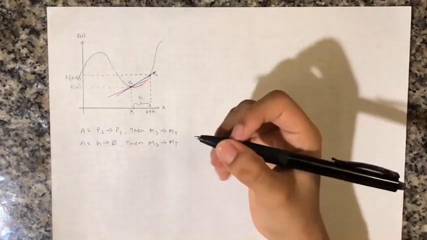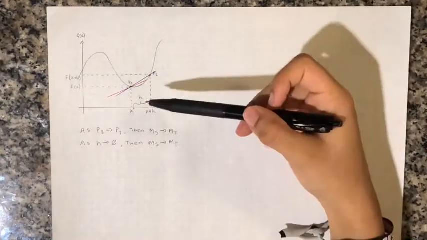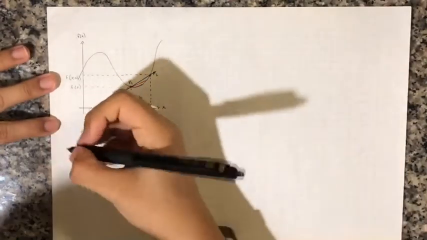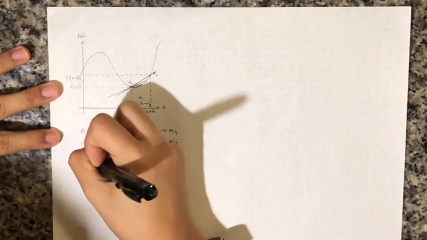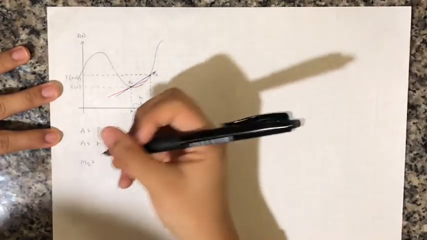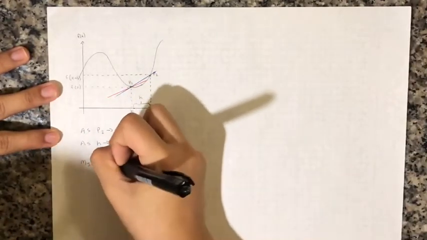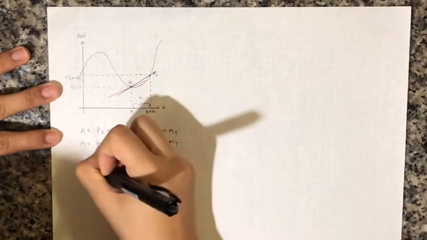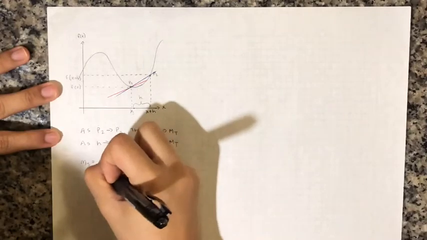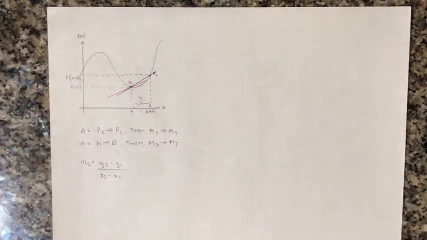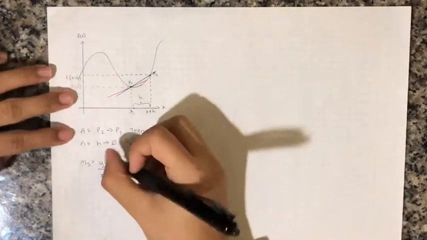Now, moving forward, let's talk about the slope of the secant line. We know that to calculate this slope, the formula is y2 minus y1 divided by x2 minus x1. So let's calculate that.